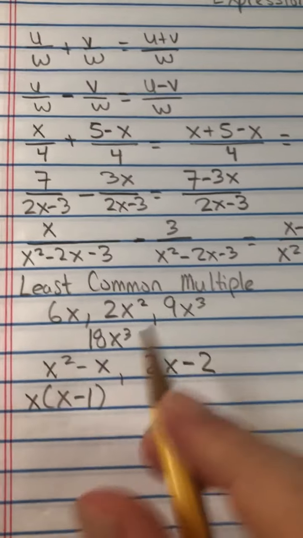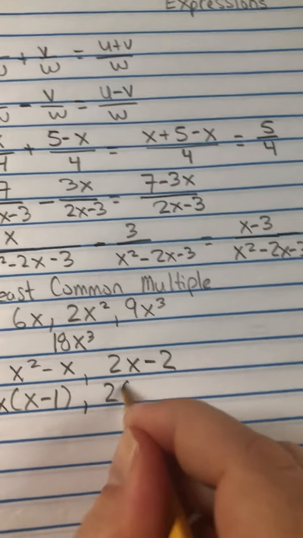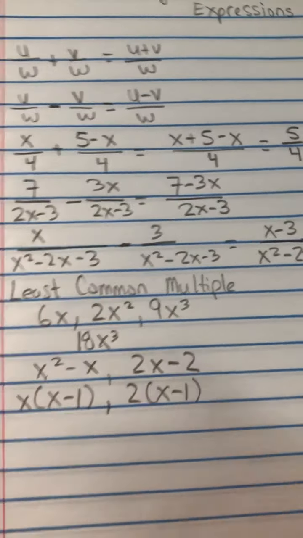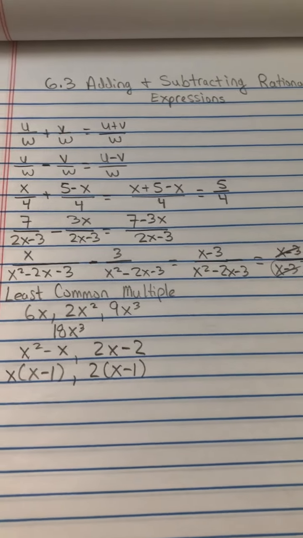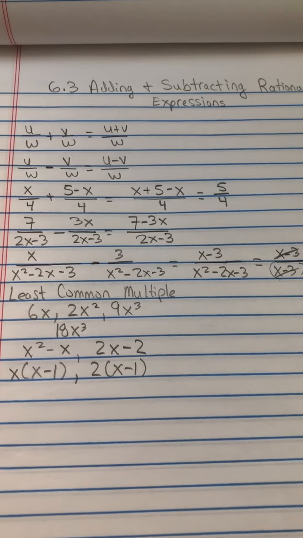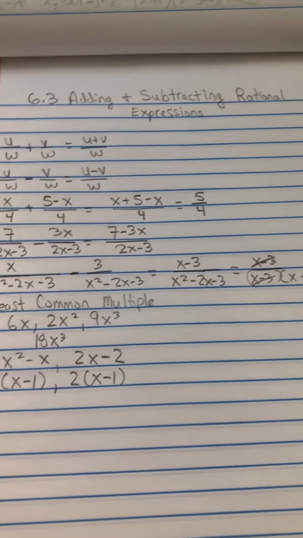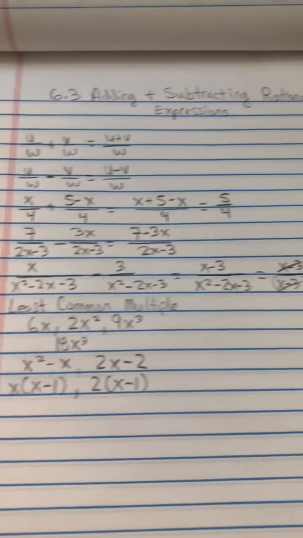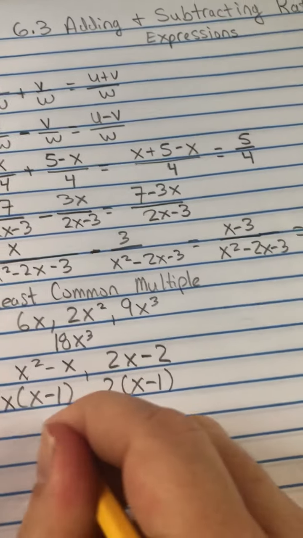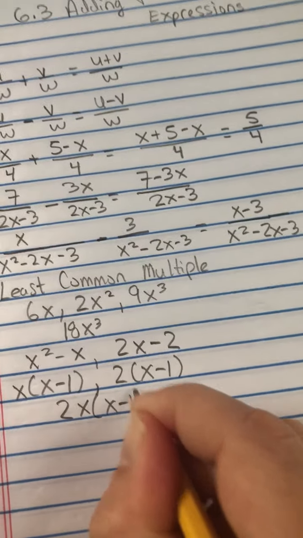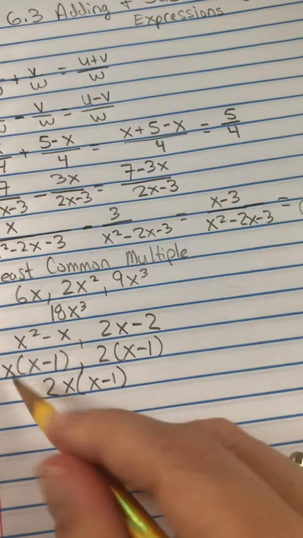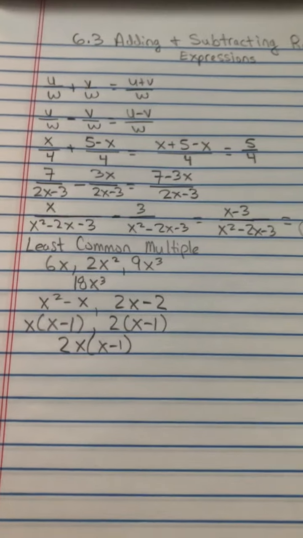And if I factor 2 out of here, I'll be left with x minus 1. All right, so the least common multiple here is x minus 1, obviously. And because you have 2 and x, you're going to multiply those two together. So you'll get 2x(x minus 1). 2 goes in there, x goes in there, and obviously x minus 1 goes in there.